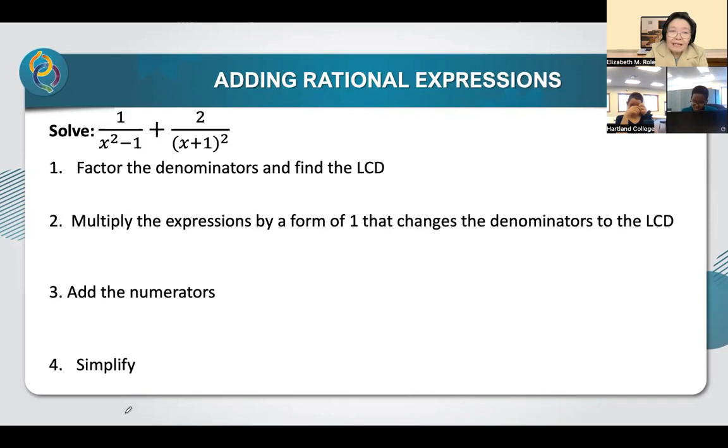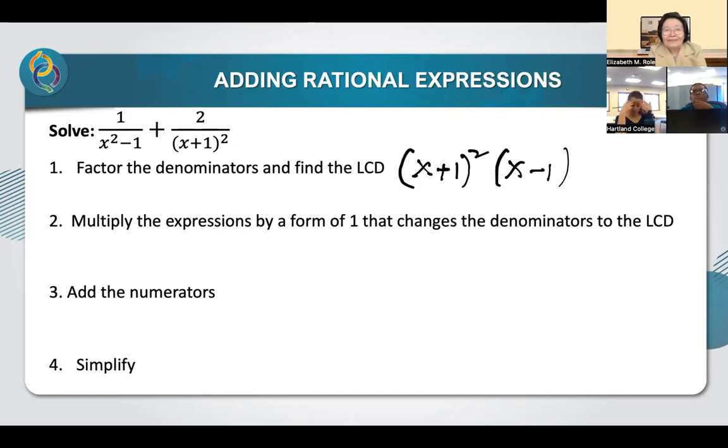But the other one has a square, x plus 1 squared. So in other words, it should be x plus 1 squared, because x plus 1 cannot be divided by x plus 1 squared. So it's the x plus 1 squared, and then the other factor of x squared minus 1, which is x minus 1, right? Yeah, because the factors of x squared minus 1 are x plus 1 and x minus 1.